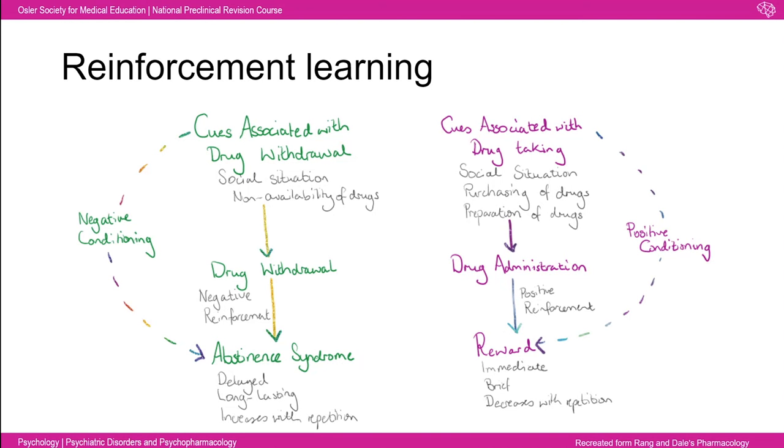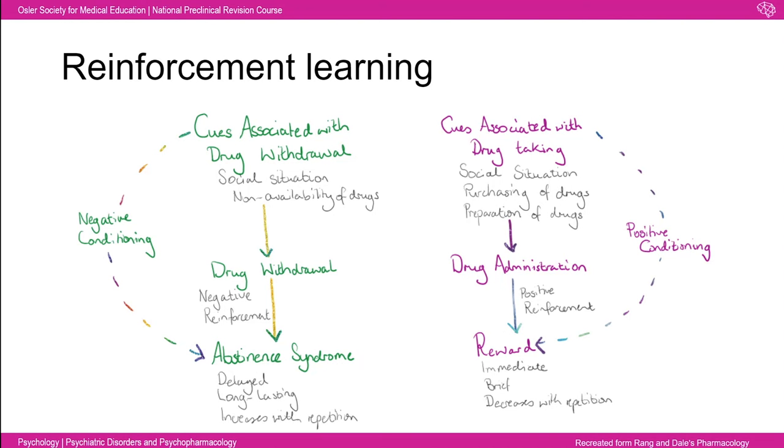So the next time you're at a party, you remember that reward and therefore take the drug again. Counter to this, you also have negative conditioning towards withdrawal. You get cues associated with drug withdrawal, such as the hangover feeling in the morning, and the non-availability of the drug in the case of things like opiates, where you're not able to get hold of it anymore.